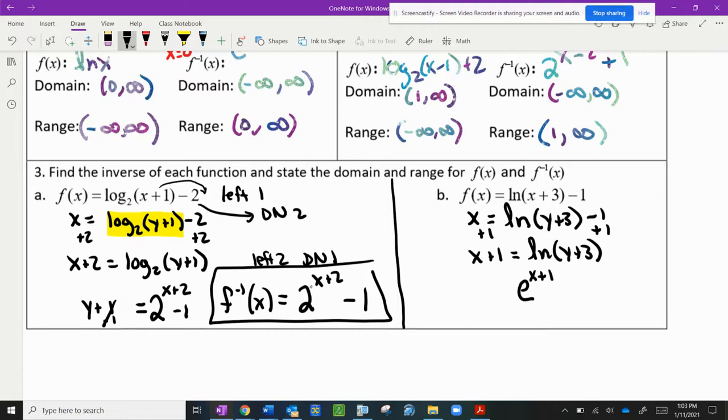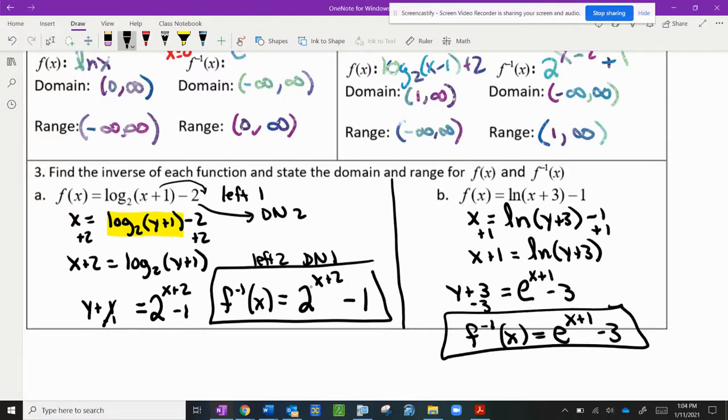And notice that x is up with the power where it's supposed to, and it equals the output. The output, the y matches up. And I'm going to subtract my 3, and then I'm going to write inverse. And there is my INB.